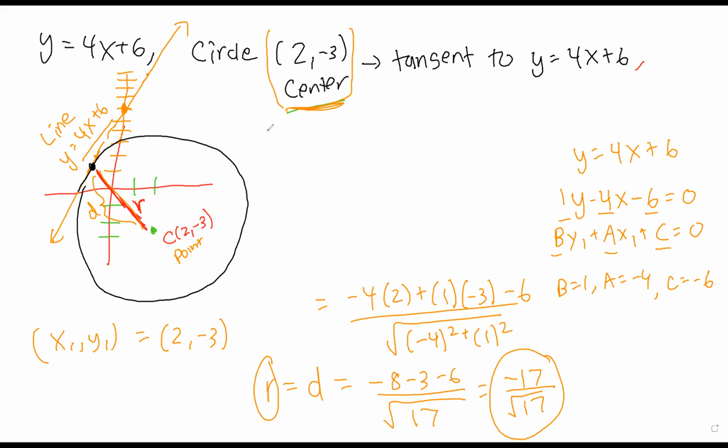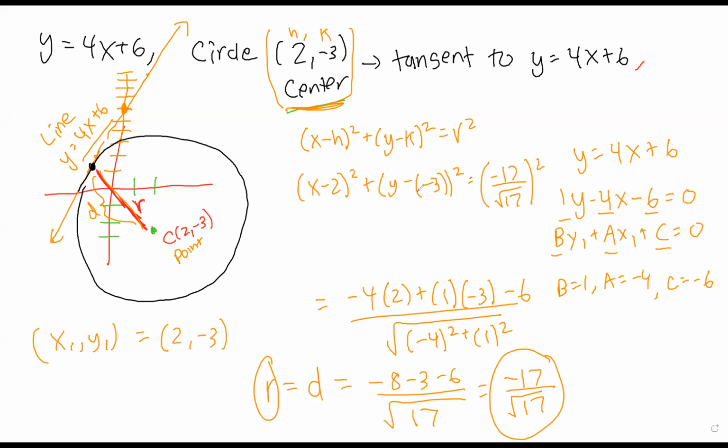Once again, the formula of the equation of the circle is (x minus h) squared plus (y minus k) squared equals r squared. (h, k), this is h, this is k. h is 2, so it'd be (x minus 2) squared plus (y minus k), k is -3, so (y plus 3) squared. r we know is -17 over the square root of 17, squared. Notice that -17 squared is the same as 17 squared. Ultimately they're both positive, so I'm going to change this to a positive.